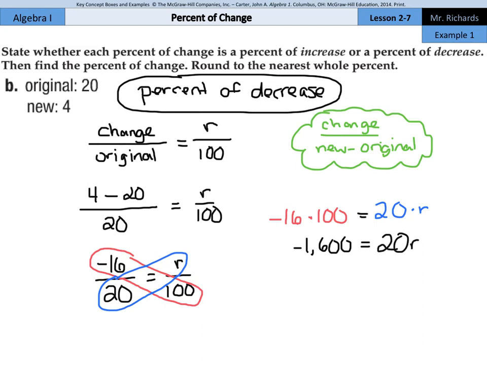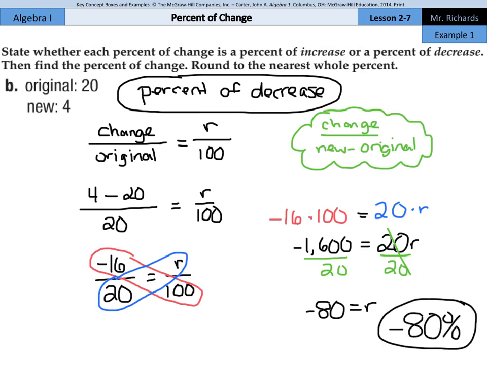And if we solve this one-step equation now by dividing by 20 on both sides, negative 1,600 divided by 20 is equal to negative 80. And so this is a negative 80% for our answer. So from an original of 20 to a new of 4, this is a percent of decrease, negative 80%.